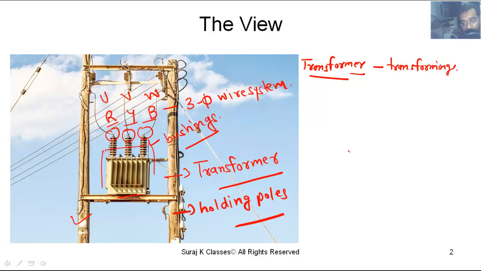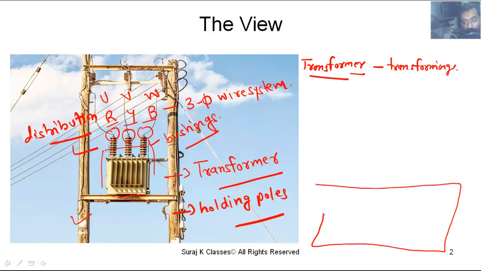This transformer that I'm showing you is the distribution transformer. I also showed you the power transformer, but first let me explain the distribution transformer. Let's assume this is your colony or your entire region or town where you are living.